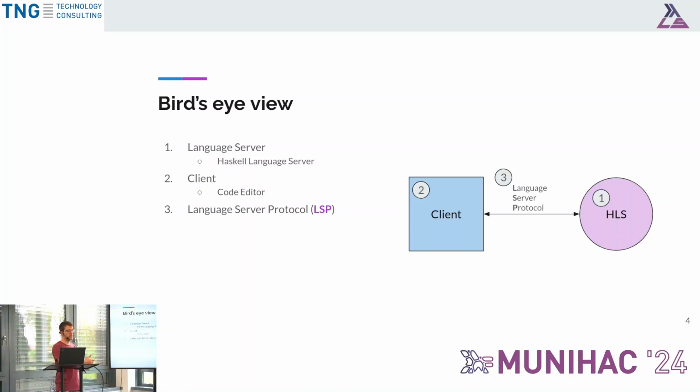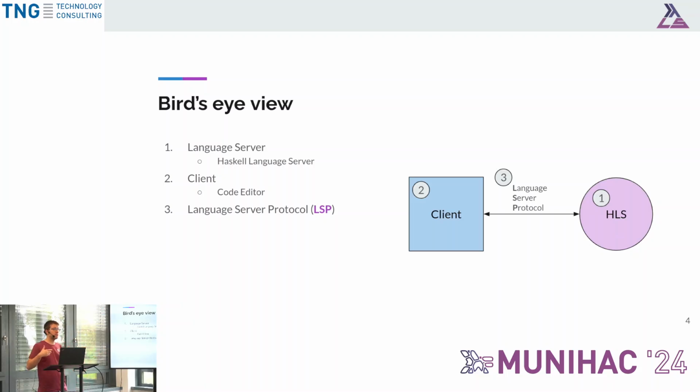The first thing that we have is the language server, which is the Haskell Language Server. Usually there's a language server for each individual programming language, and the HLS is the language server for the Haskell programming language. But this is the backend. So it does not actually take care of what you see in the editor. And that's the second component.